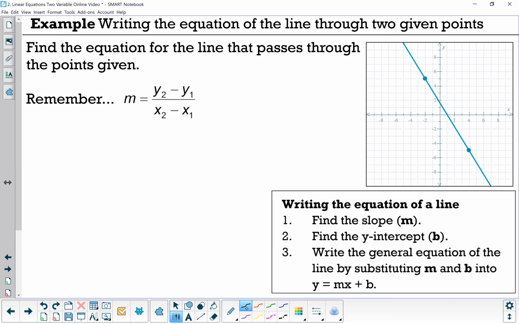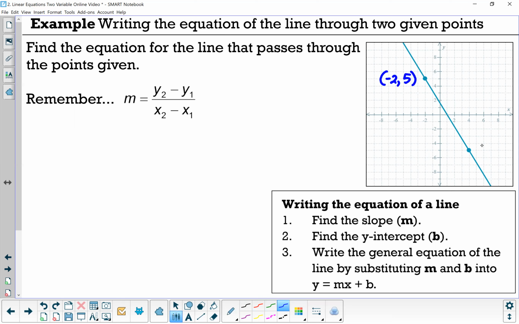So here we go. We're going to write the equation of this line, starting with finding the slope. Remember from before, you can find your slope using the formula m equals y2 minus y1 over x2 minus x1 if you have 2 points. So let's take a look. The first point here is -2, 5.